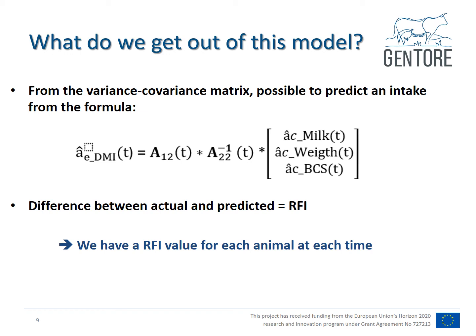So by the formula that is on this slide, and once we get a predicted intake, we can use the difference between the actual animal effect for intake and the predicted animal effect for intake to compute RFI. So we end up with an RFI value for each animal at each time.